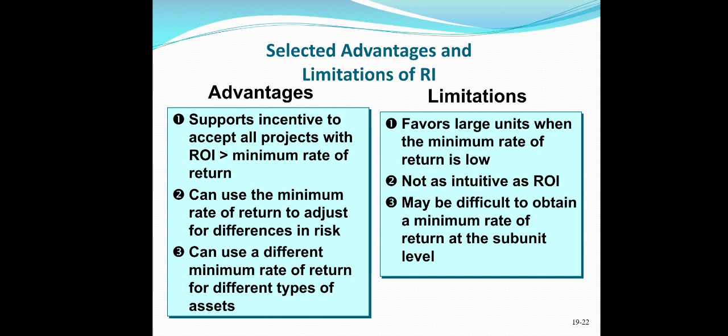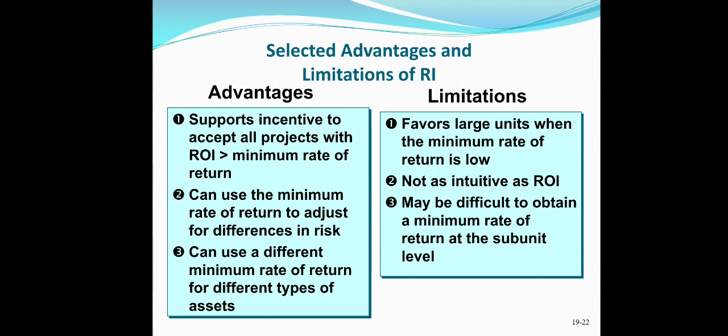So it favors investment by large units or segments. If a unit or segment is small, then most of the time the total return or net income that can be generated from an investment is small.